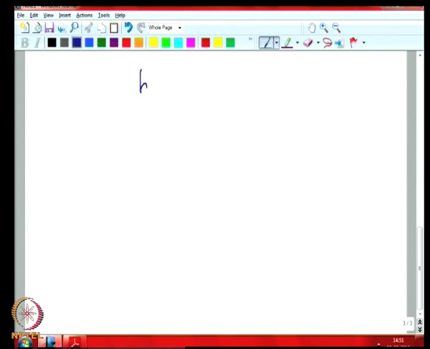Hn minus 5 Hn minus 1 plus 6 Hn minus 2 equal to 0. This is the way we started off when we wanted to find the characteristic equation also.